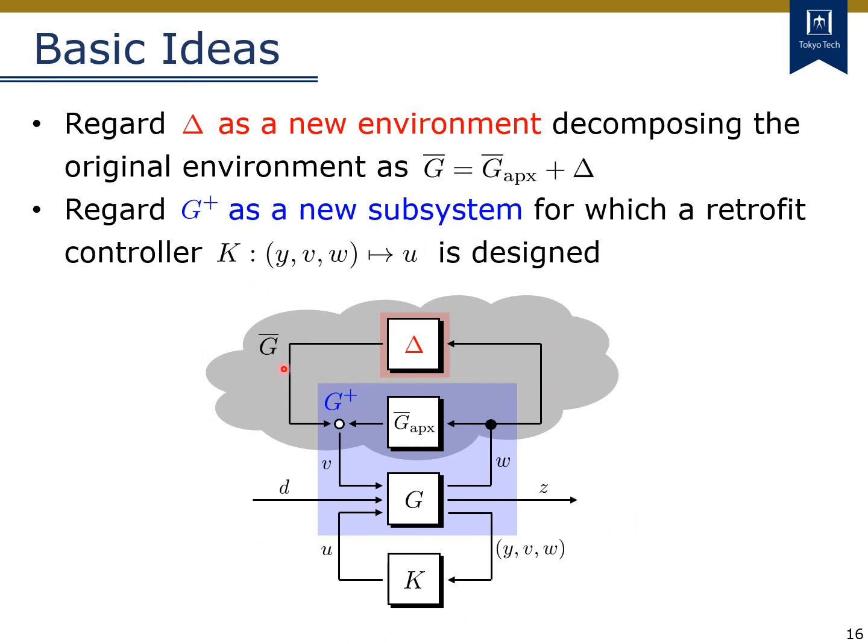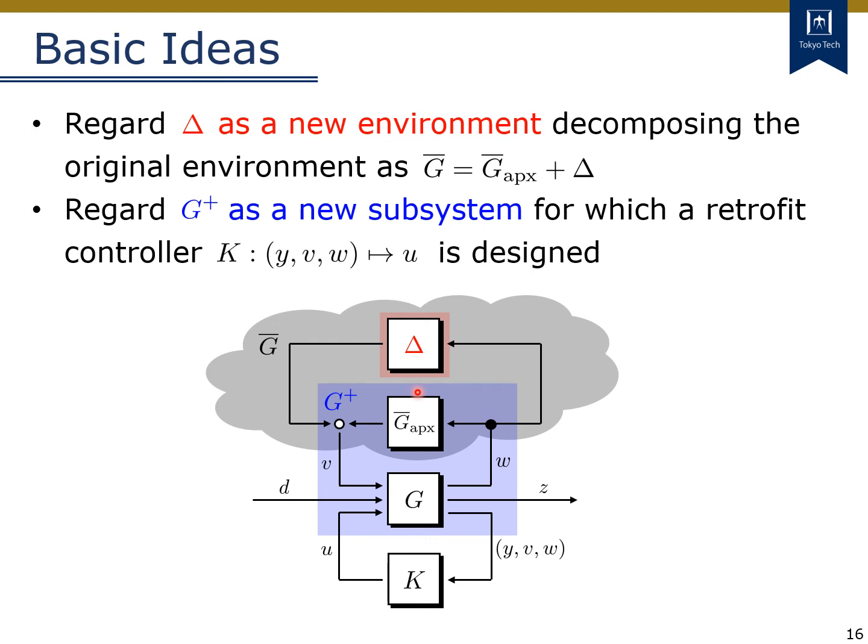This gray part is the original environment, which is decomposed as the sum of delta and G bar APX. Then we regard this blue part denoted by G plus, which is the feedback of G and G bar APX, as a new subsystem for which a retrofit controller is designed.